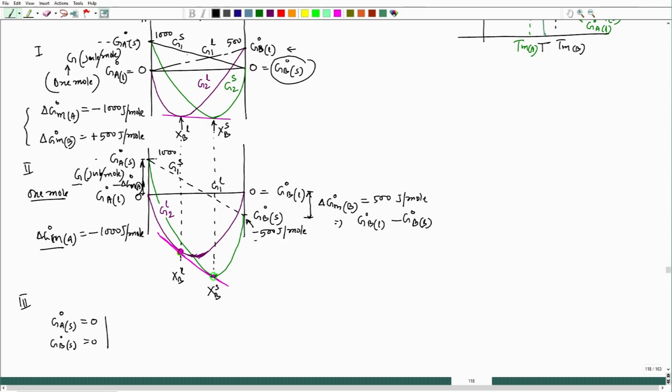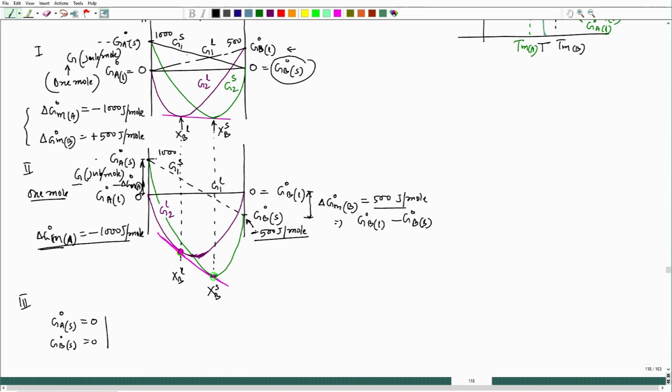Remember, when you plot this particular positioning of G A naught solid and G A naught liquid, as well as G B naught solid and G B naught liquid, that positioning should be done in such a fashion that this difference will remain minus 1000 joule, and here also this difference would remain plus 500 joule.